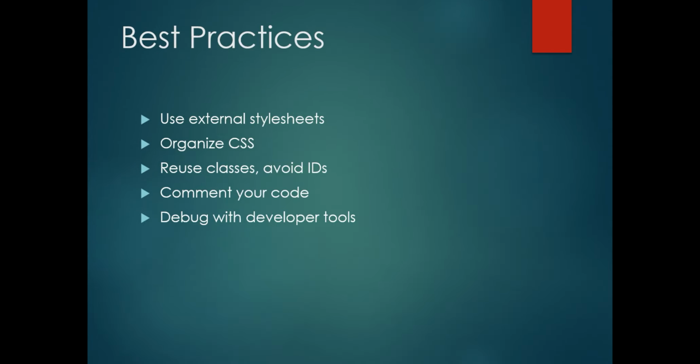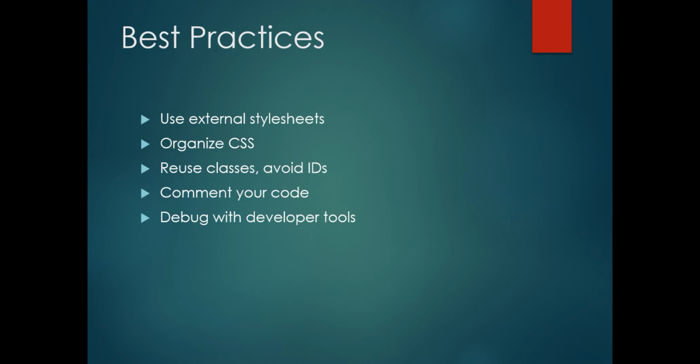So the best practice now is to use an external style sheet, as I'm going to show in an example, where you define your style somewhere else and work with it. Organize your CSS. Whenever you're starting your CSS, make sure it is organized. Avoid replicated IDs, when you give your HTML the same IDs, like this one main and that one main, it's going to be complicated and affect your file.